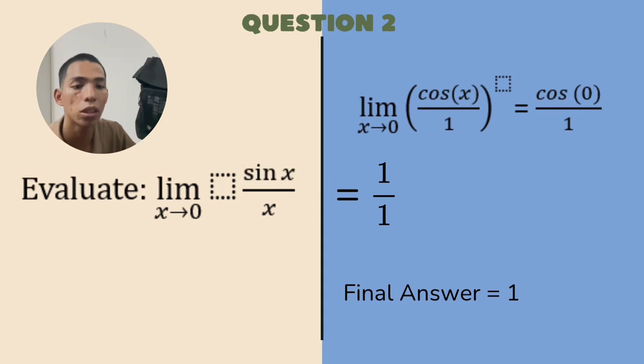Using the derivative approach, we can rewrite it as the limit as x approaches 0 of cos x divided by 1. Substituting x = 0, we get cos 0 equals 1. Therefore, the limit equals 1. This result is important because it forms the foundation for many different rules in trigonometry. So for the second question, the answer is 1.